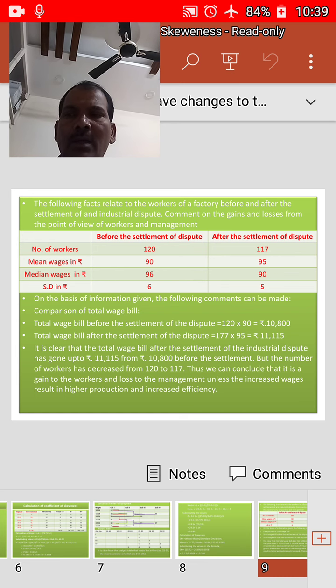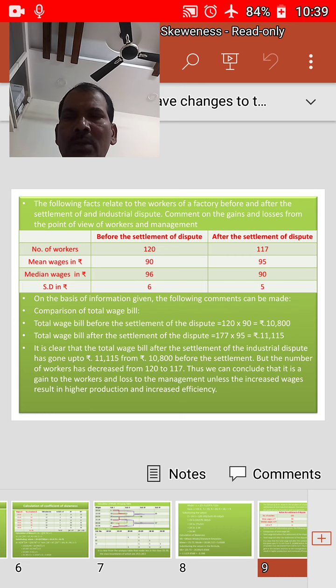First, we will compare the total wage bill. The total wage bill before settlement of dispute is 120 into 90, which is 10,800.